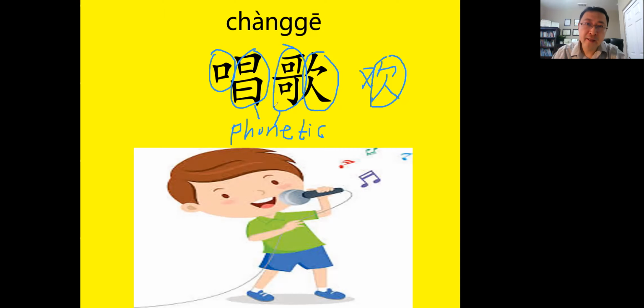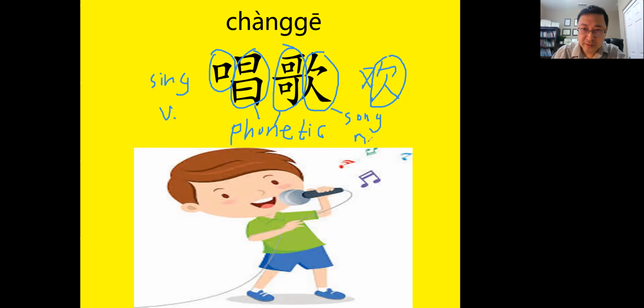Another interesting thing about this word is that its structure is formed with a verb plus object structure. Chang means to sing. That's a verb. Ge means song.